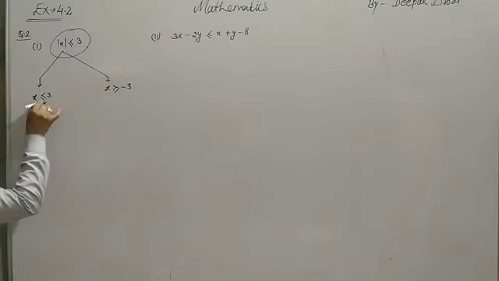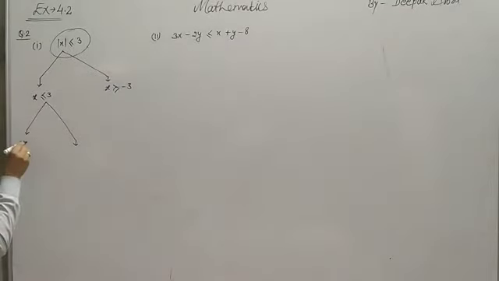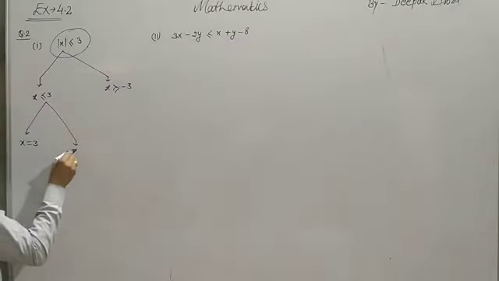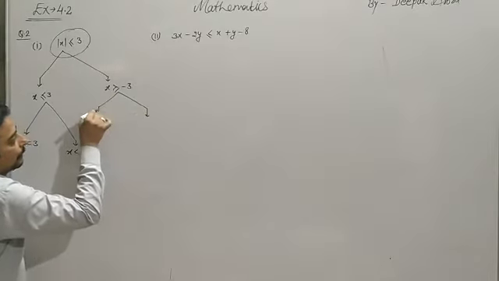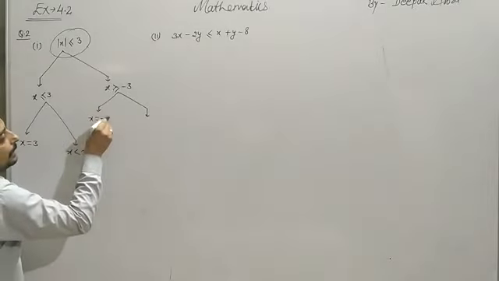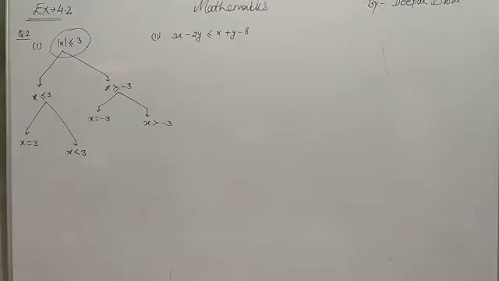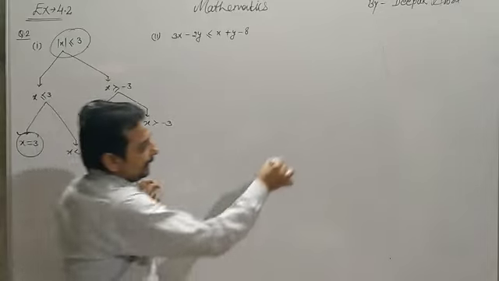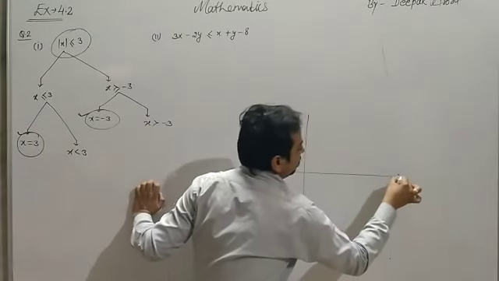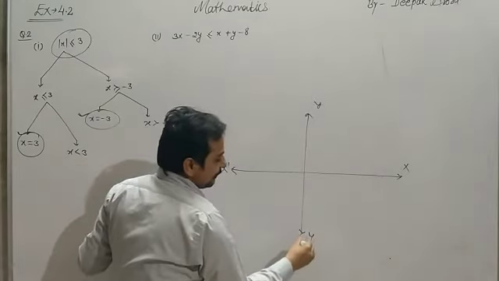Again, we break this equation into parts. First, x equals 3, and second, x is less than 3. Also, first x equals minus 3, and second x is greater than minus 3. Now we make one line from x equals 3 and a second line from x equals minus 3. Here is the x-axis, the y-axis, x dash, and y dash.